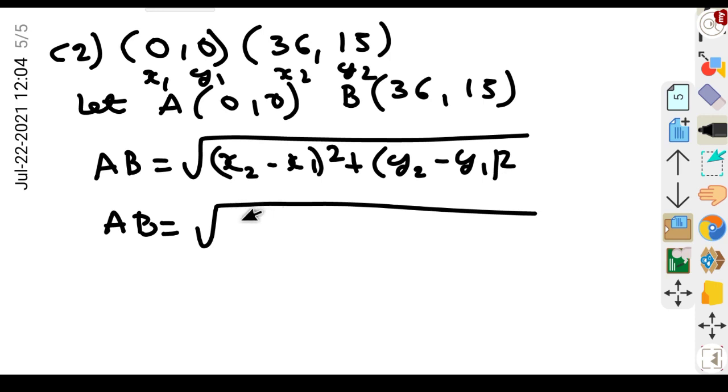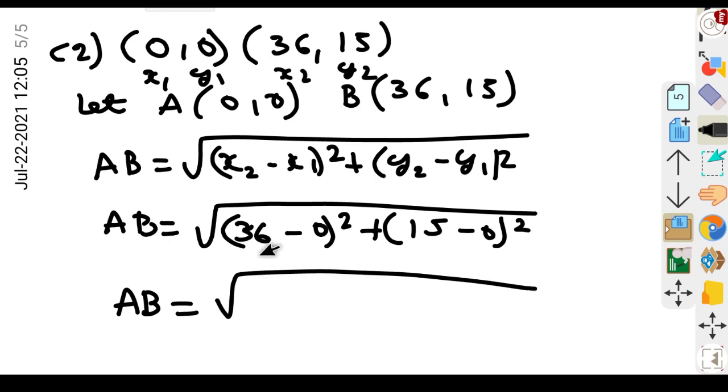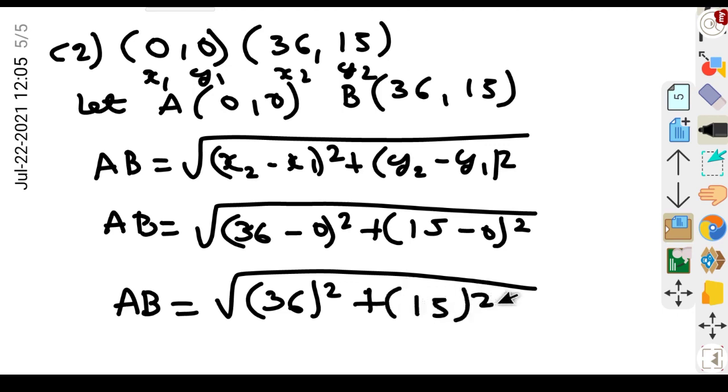So x2 is 36 minus x1 is 0 whole square plus y2 is, so y2 is how much, 15 minus y1 is 0 whole square. So therefore AB equals the square root of 36 minus 0 is 36 square plus 15 minus 0 is 15 square. Okay, now take the square of 36 as well as 15.